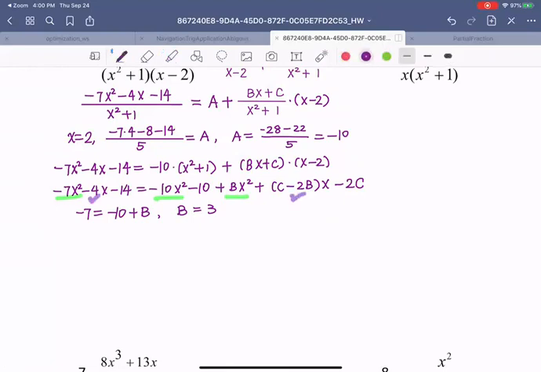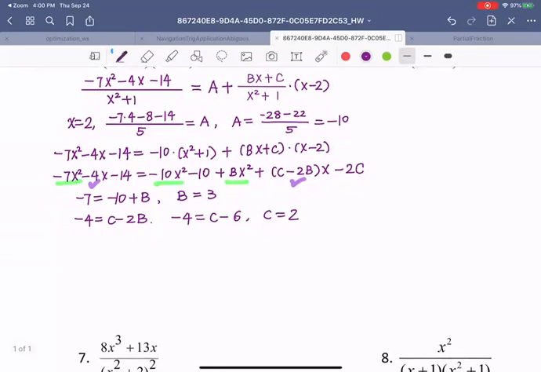Okay. -4 equals c minus 2b, so -4 equals c minus 6. B is 3, so 2b is 6. So c equals 2.